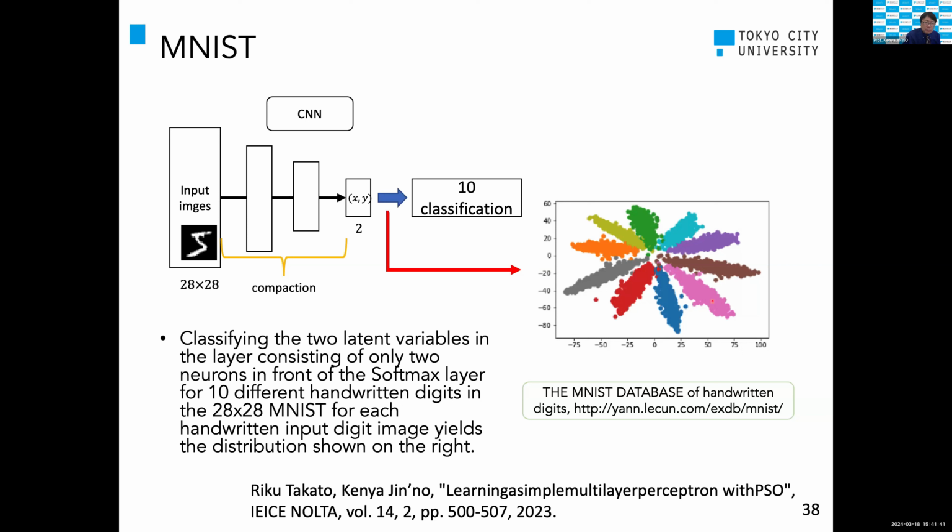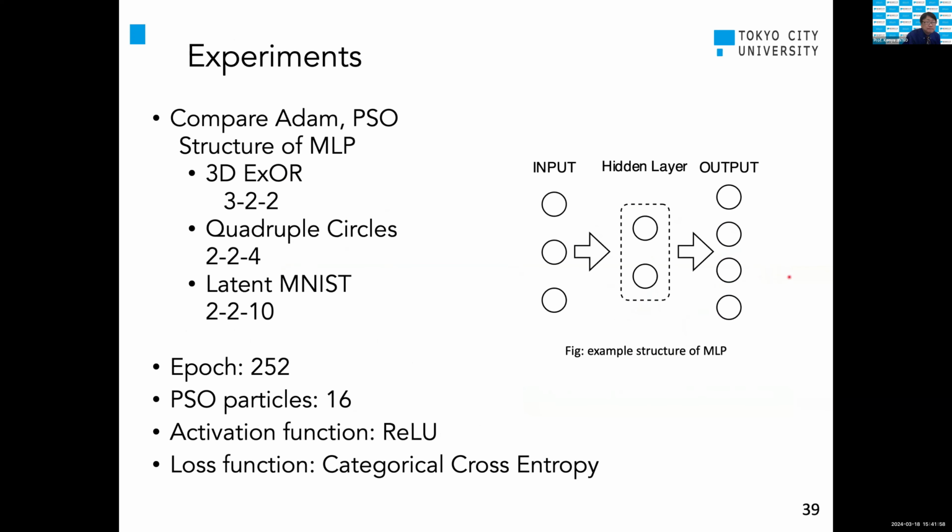This two-dimensional latent variable space was then used as the input for a multi-layer perceptron to create 10-class classification programs. So we conducted the experiment to train on three types of classification programs using a multi-layer perceptron.